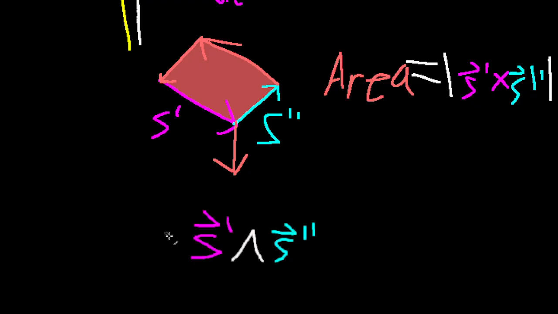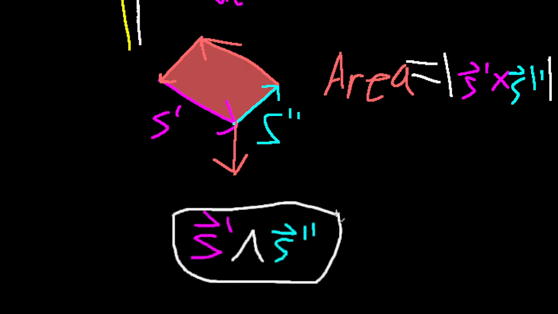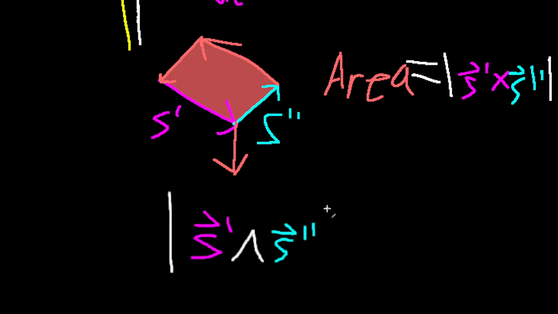So now what happens is this wedge product directly represents this parallelogram because it's really a bivector. And the area of a bivector is given by its magnitude, so those two are equal.